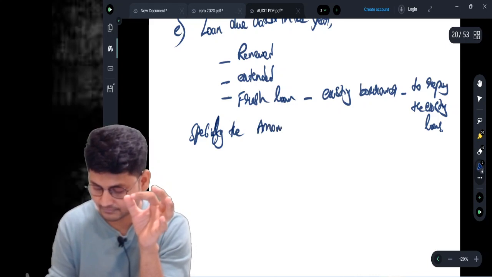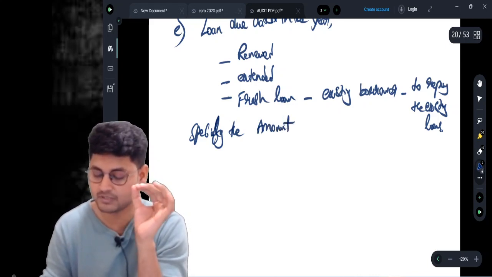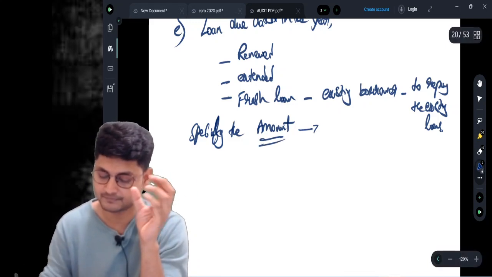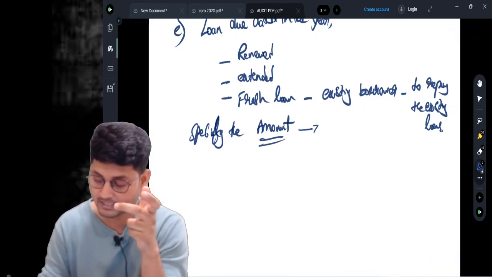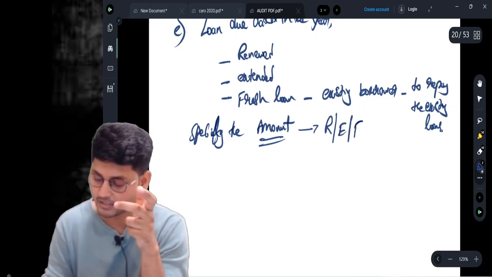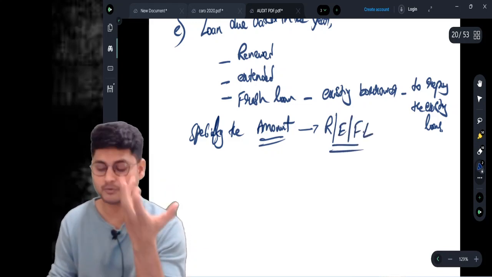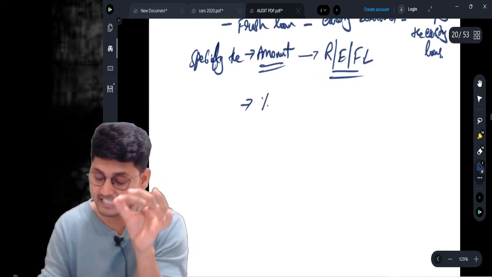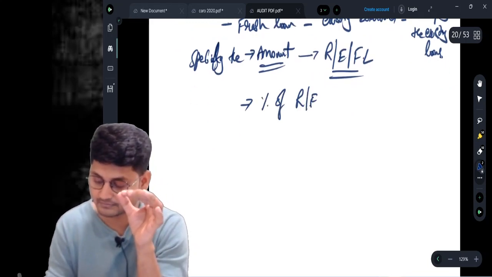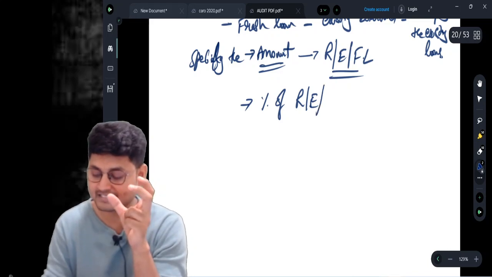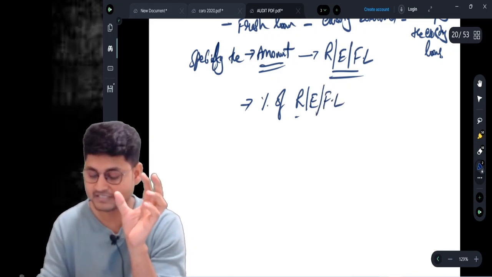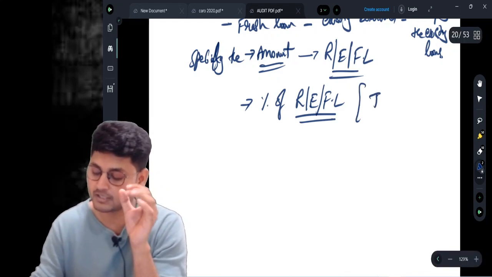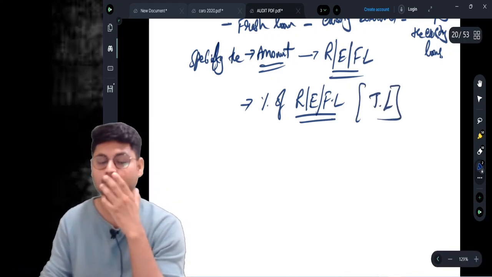If this happens, then specify the amount of loan which is renewed, extended or given as a fresh loan. Also specify the percentage of this renewal, the percentage of loan which has been renewed, extended or given as fresh loan out of total loans.